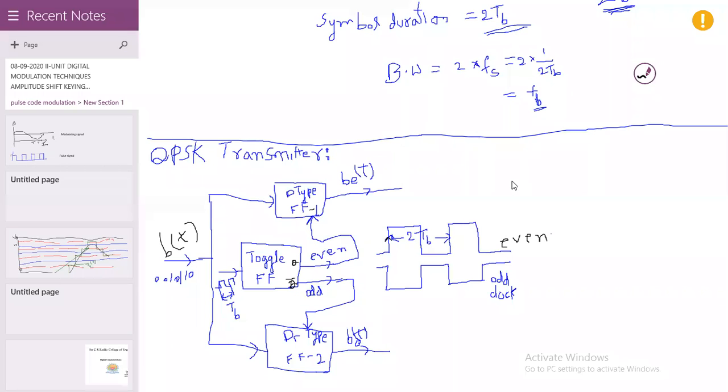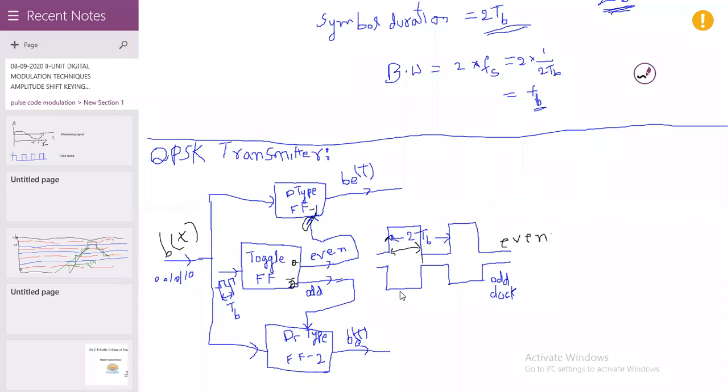During this time, the even clock is on, so the D-type flip-flop is on, and whatever the input is, it is transferred to the output.